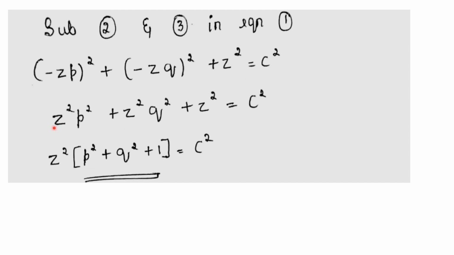So z square p square plus z square q square plus z square equal to c square. Take z square as a common term. So what will remain inside the bracket? That's p square plus q square plus 1 is equal to c square. Sorry, c square is not a constant here. a and b are the constants.